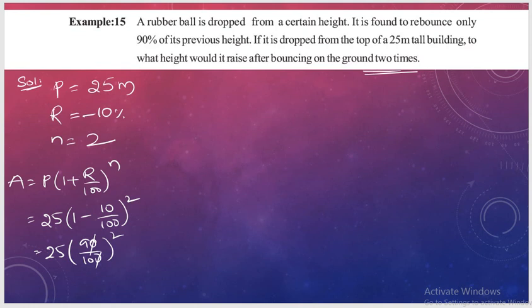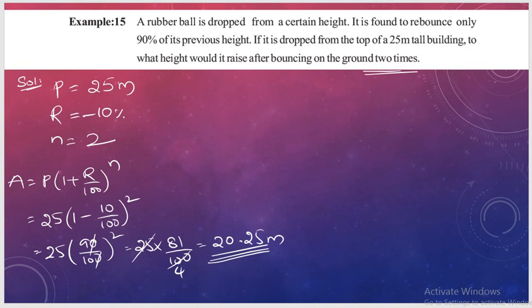The 100 gets cancelled, so this gives me 25 into 81 divided by 100. 25 in 100 goes 4 times, so 81 by 4, 4 20s are 80, so 20.25 meters. Since we are getting the value down and down, we are going to have less than 25 meters. Hence after 2 rebounds, the final height of the ball is 20.25 meters, right?